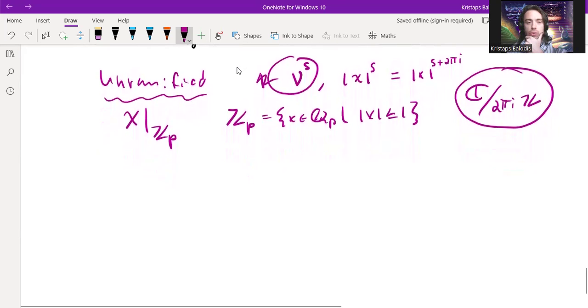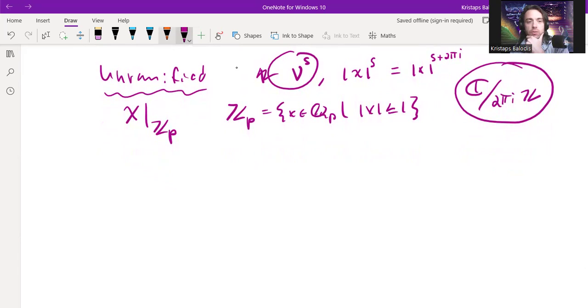Great. So that means our ramified characters are going to be non-trivial on ZP, right? And so in particular, let's try and find a non-trivial map from ZP, or I guess ZP cross is what we want, into C cross.